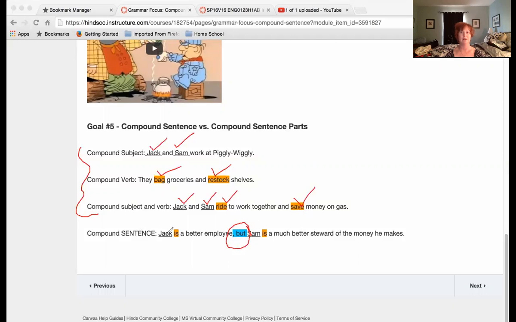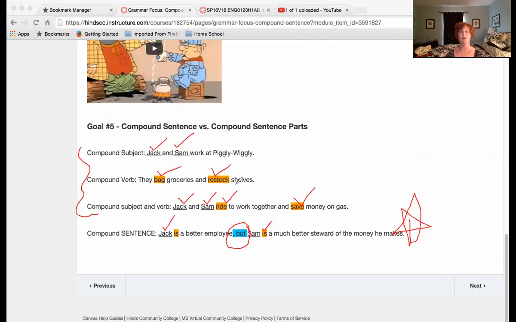So let's look at that again. Subject, Jack, is, verb, a better employee, comma, but Sam, subject, is, verb, a much better steward of the money he makes. This is the kind of sentence that you want to write in your exercise that is a compound sentence. So remember, compound subjects do not make a compound sentence.